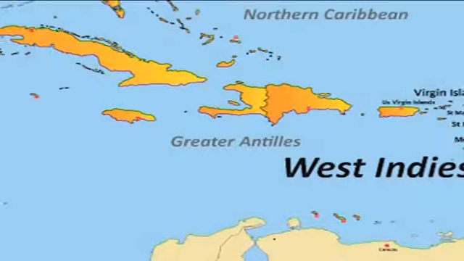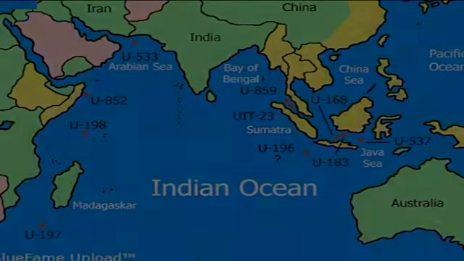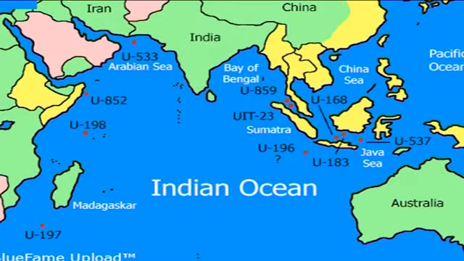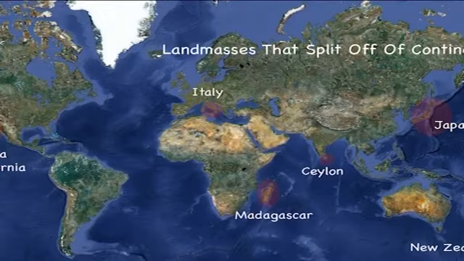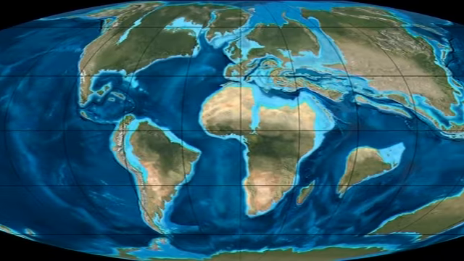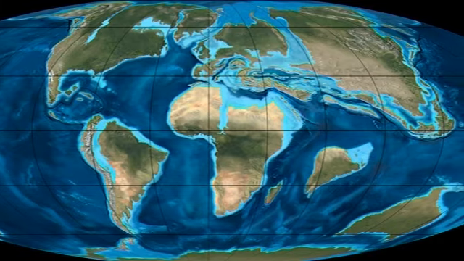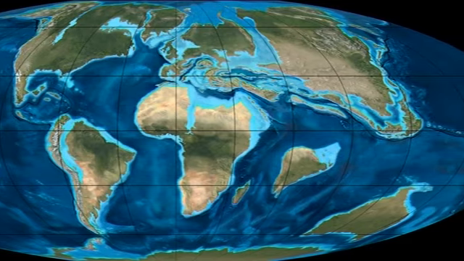The West Indies and island chains in the Indian Ocean are remarkable as they are sufficiently old and isolated to have generated endemic forms, but close enough to continents to sustain a dynamic two-way interaction with diverse continental land masses.